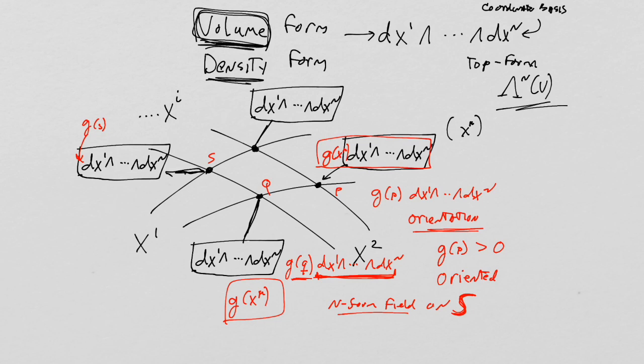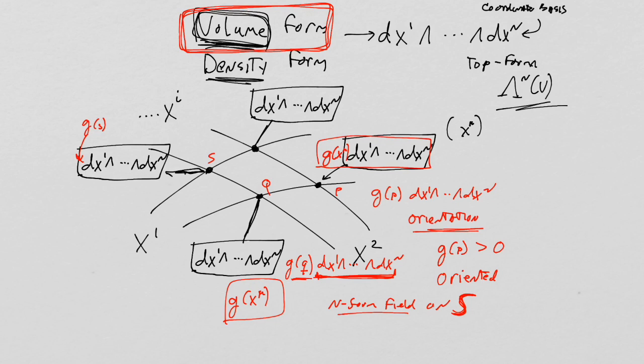Manifolds in general, or arbitrary spacetimes, don't have to be oriented, and when they're not, we have to understand how to handle all of the mathematics. But we don't lose much by presuming right now that this spacetime is oriented, that g of p is greater than 0 everywhere. And if we choose one particular g of p being greater than 0 everywhere, we can talk about a volume form field, if that's our favorite one.